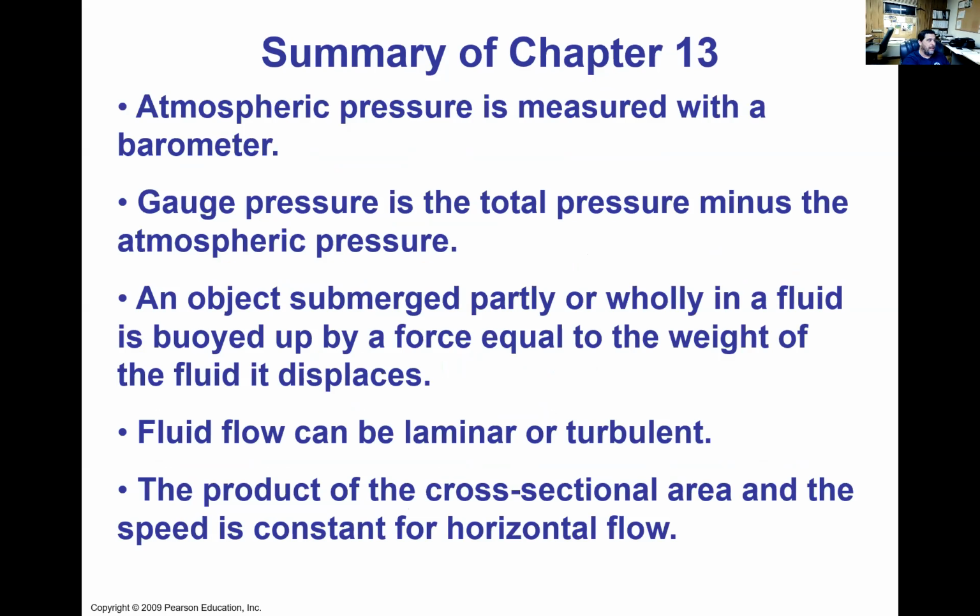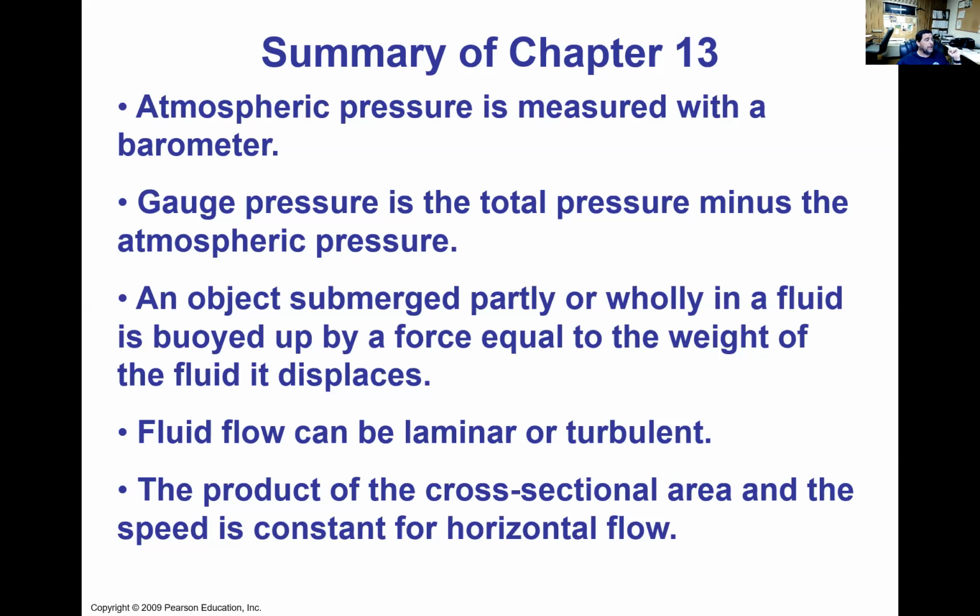Gauge pressure is the total pressure minus atmospheric pressure. I prefer to think of this as total pressure equals gauge pressure plus atmospheric pressure. An object submerged, either wholly or partly in fluid, is lifted upward by a buoyant force, which is equal to the weight of the fluid that the object displaces.